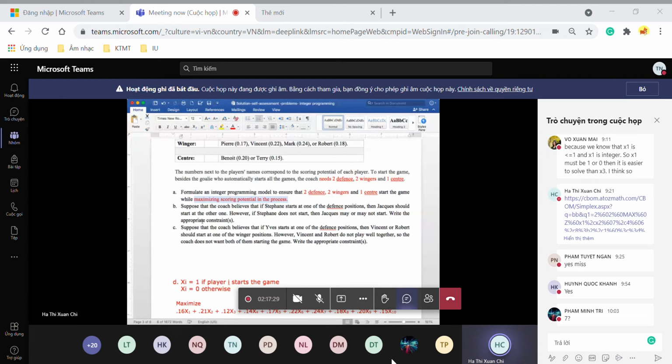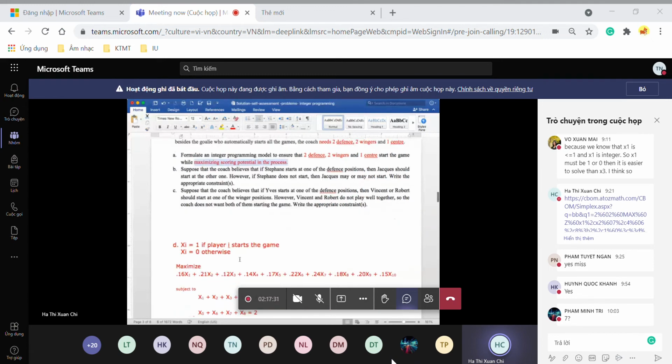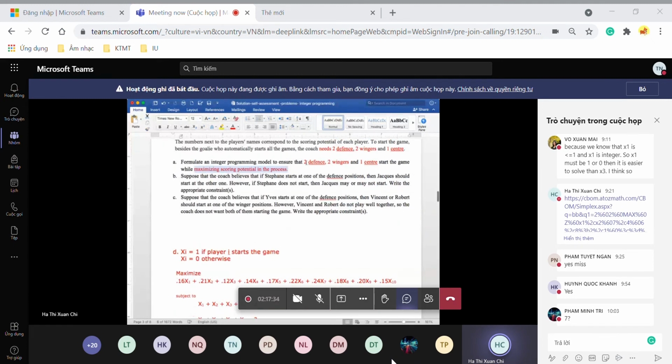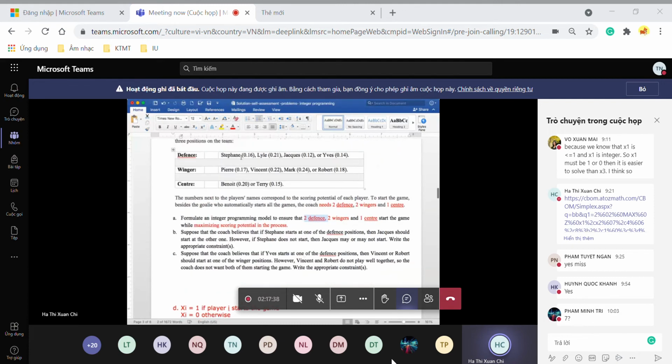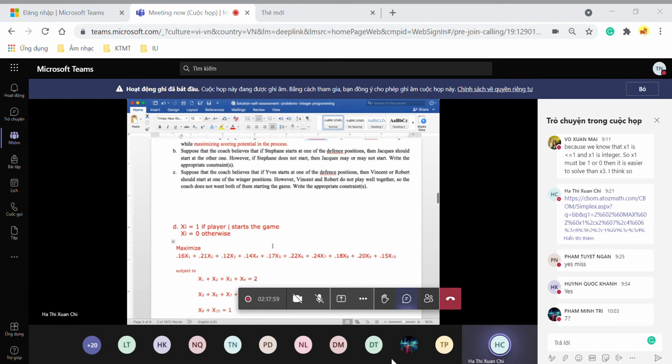To ensure that 2 are defense, x1 + x2 + x3 + x4 equals 2, just only 2 of them will be the defense. One of them is a winger, and one of them is the center, so you have constraints like that.